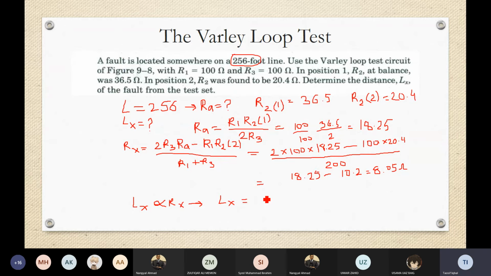Total distance is 256, and the ratio of Rx to RA is 8.05 by 18.25. So therefore, we can find out the value of Lx.